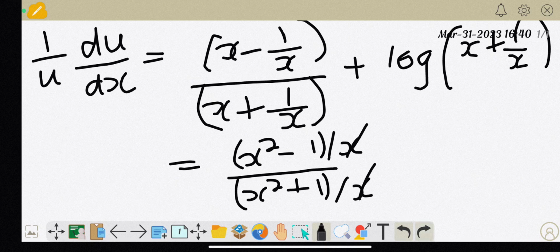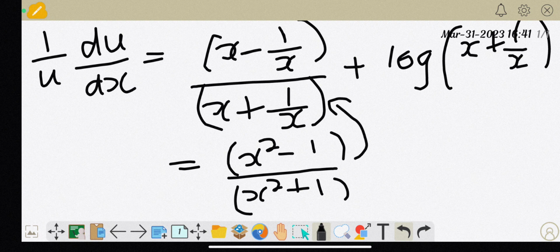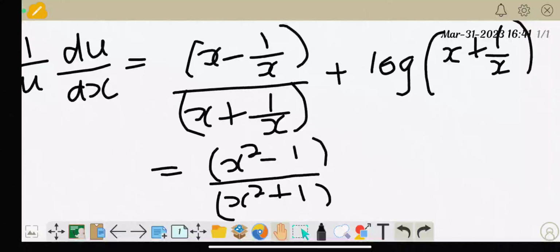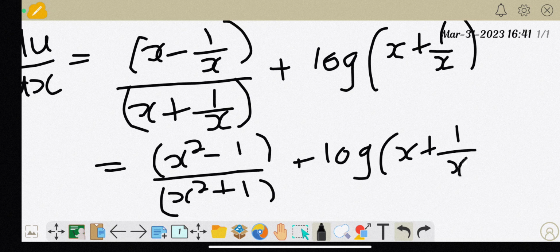So I am not going to write it, I will write it directly. Okay, is it fine? So you understood how I got this term from this? Yeah, sir. Okay, plus log of x plus 1 by x.